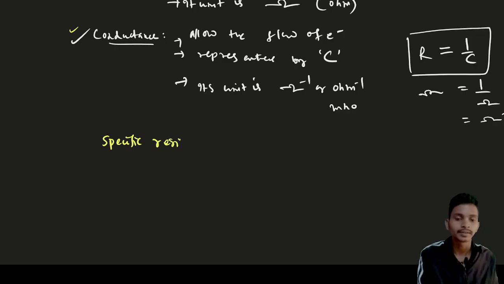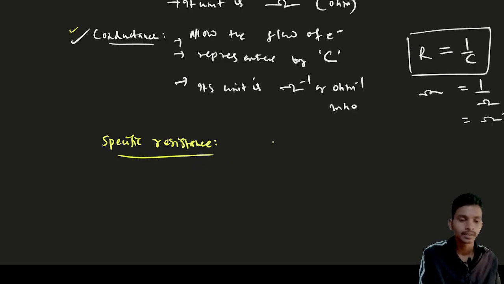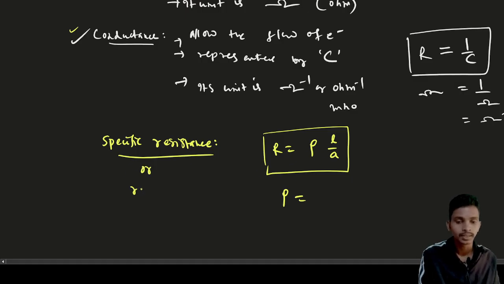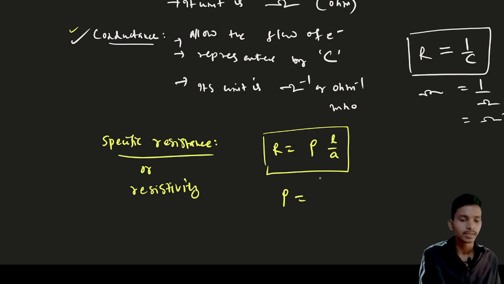Specific resistance: R is equal to L by A, a formula we know from 10th class itself. Specific resistance is also called resistivity, so resistivity equals R into A upon L.